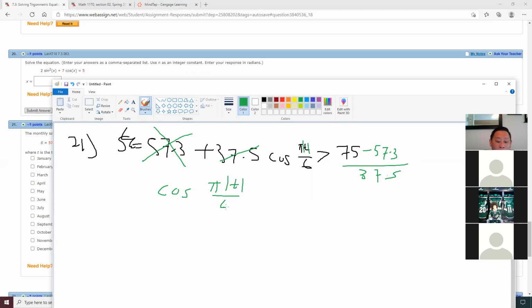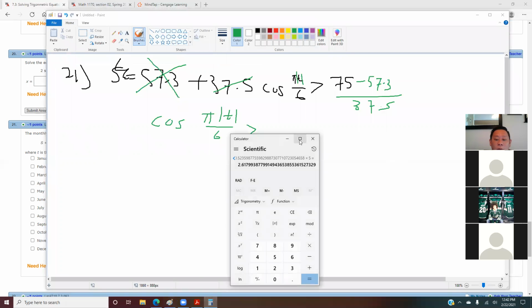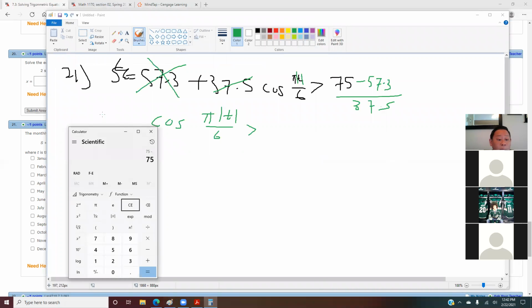If we can, don't round it, it's going to be a bunch of decimals. 75 minus 57.3, and then divide this by 37.5. Oh, it's not too bad. 0.47.